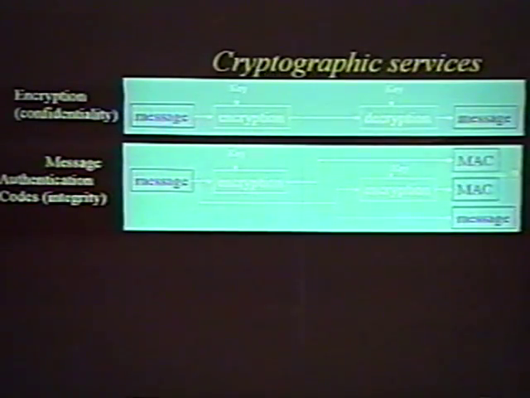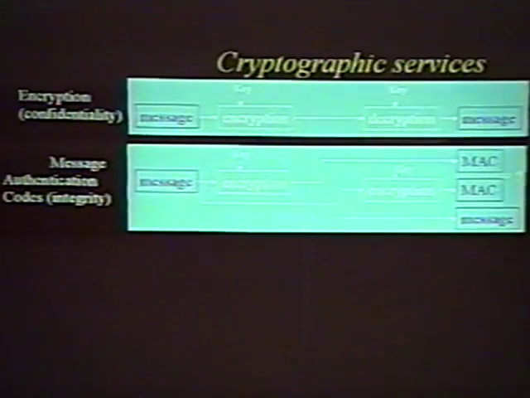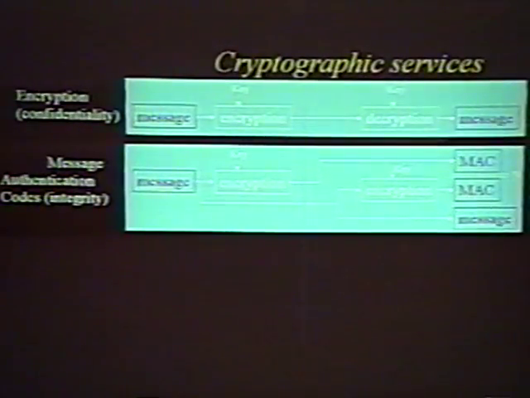At the receiving party, the same message is encrypted again, and we should have the same message authentication code there. We compare both MACs, and if they are equal, then we should be sure that the message is indeed coming from the other party that we trust.